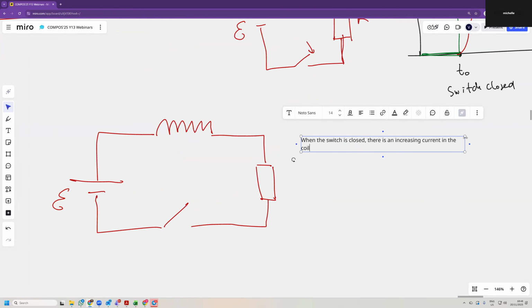A coil is literally a coil of wires. There's an increasing current in the coil. This means that the flux in the coil is increasing. Then this means that the coil will induce a current in the opposite direction.